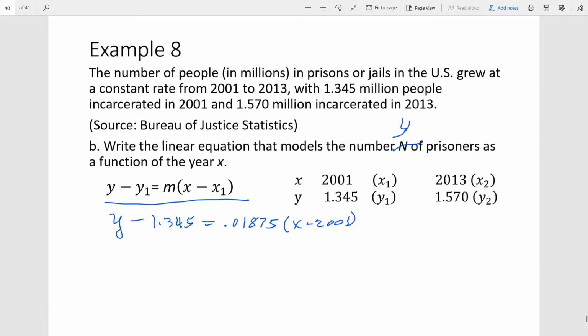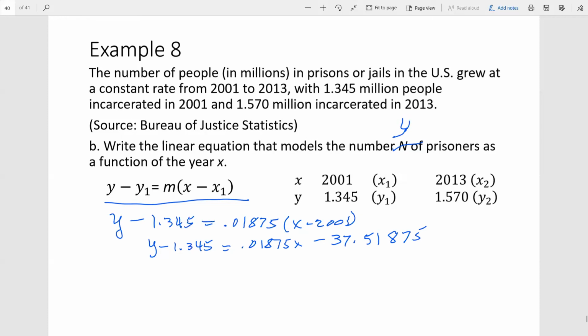So simplifying this, we get y minus 1.345 equal 0.01875x minus, be real careful when you multiply all this out, 37.51875.